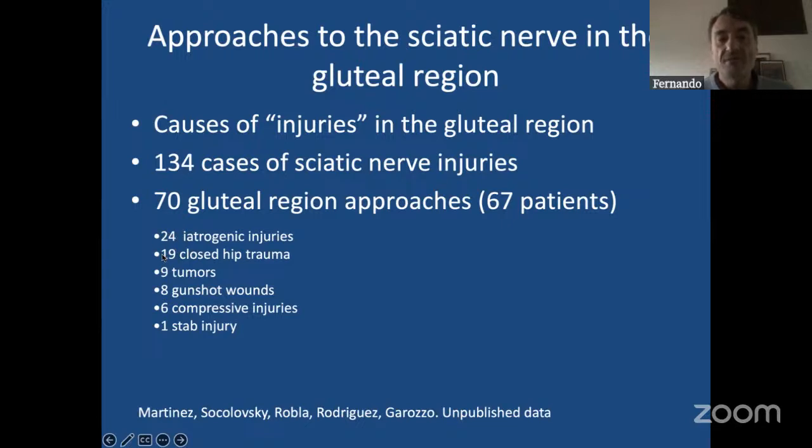More than a half of cases are related to iatrogenic injuries, related to gluteal region injections, or hip replacement surgeries, and closed hip trauma.